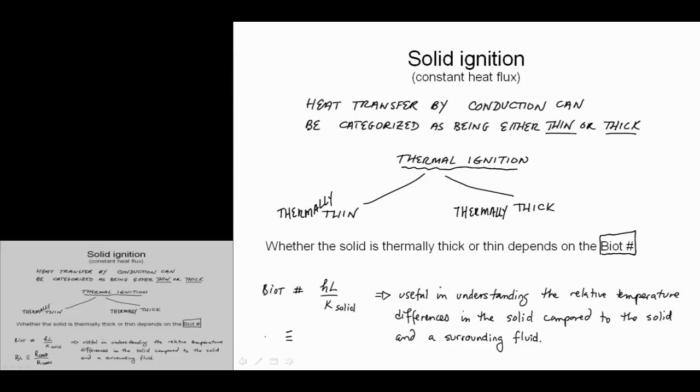So that's one way we talked about it. We also talked about it as the temperature difference within the sample relative to the temperature difference between the sample surface and the fluid adjacent to it.